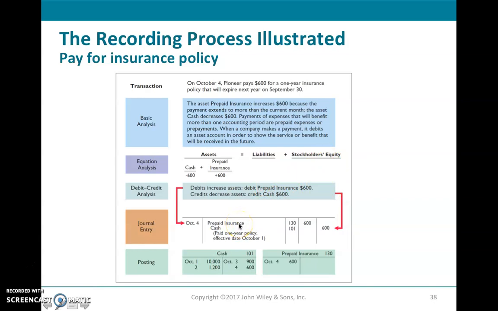Again, write the name of the account that is debited in the entry first, and below that, with the indentation, write down the name of the account that is being credited. So in this case, the 600 is going to go to the T account cash on the credit side, and we're going to create a new account called prepaid insurance and put $600 on the debit side of it.